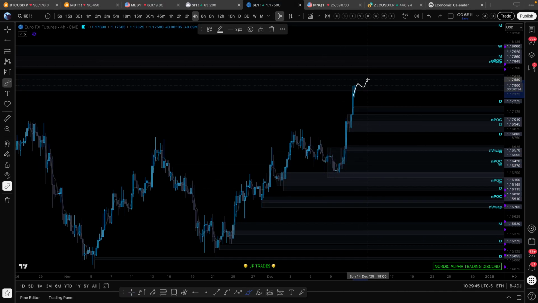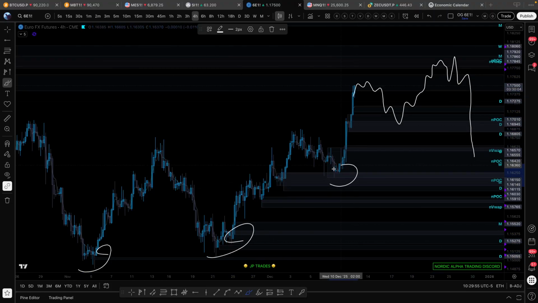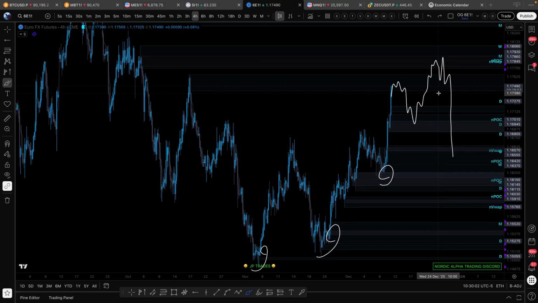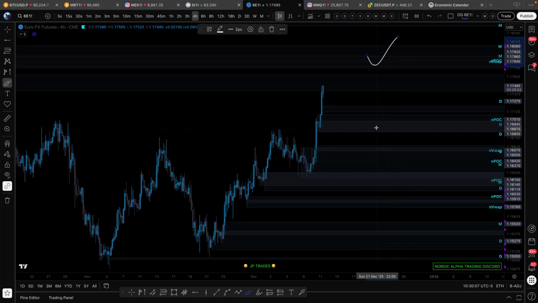So even if we were to come up here, come down here, I think this would be something like this, and then come down here for this like next higher low on the higher time frames, and then start moving up again. So I like this area. This area is all right, but probably keep it a scalp. And this is the ultimate area right here in this order block.